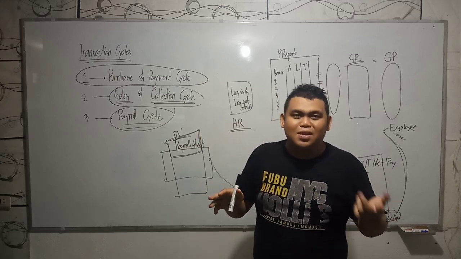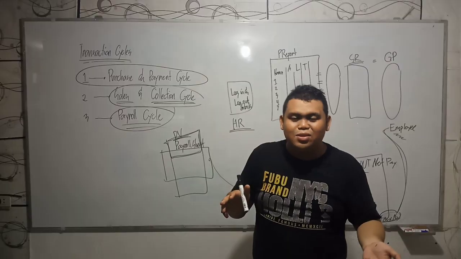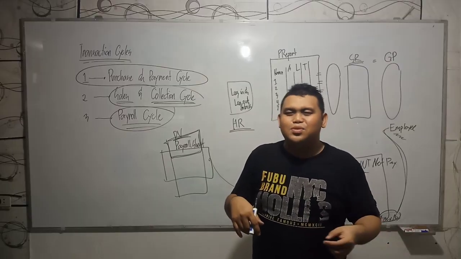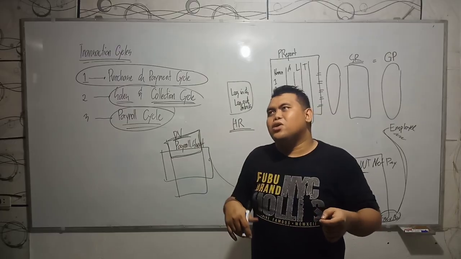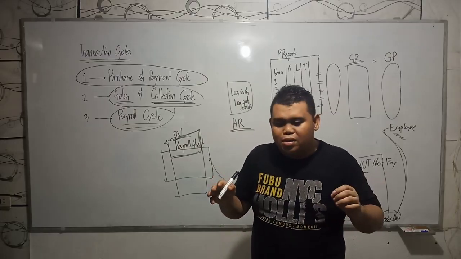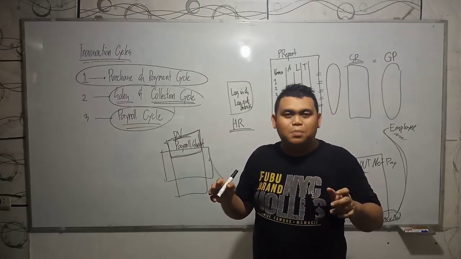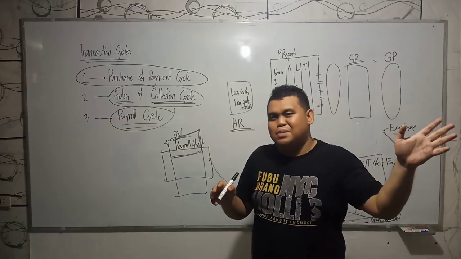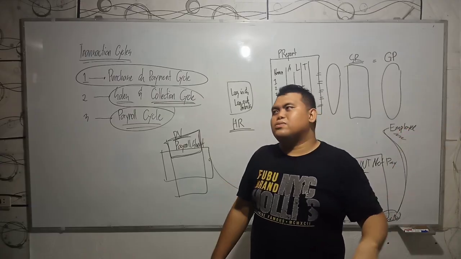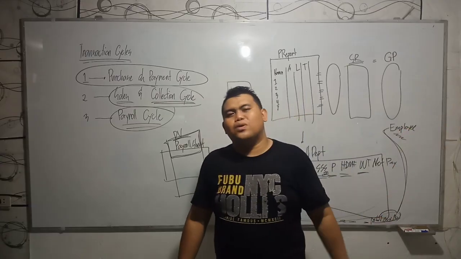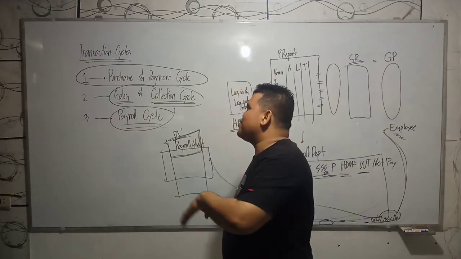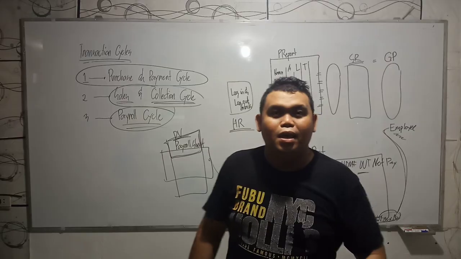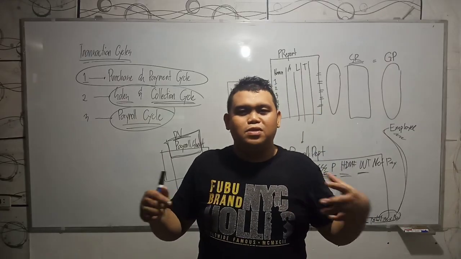And you're going to assess if ever there is a weak internal control or a strong internal control, or if there should be an improvement, something like that, or is there a violation on the internal control principles that we have talked about in the past episode, something like that. So in order for you to be guided on how to answer situational questions related to internal control and transaction cycles. Okay? So that's it for this video.